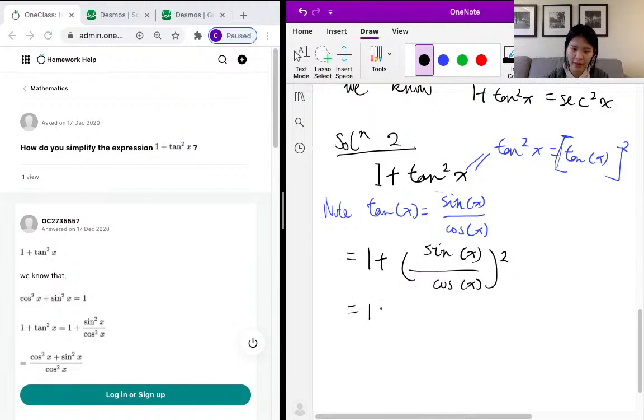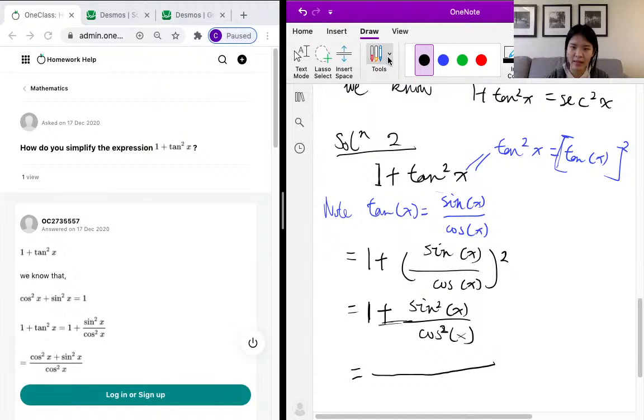Okay, so now let's just pull the square inside. So we have sine squared x over cos squared x, and now we have an integer plus a fraction. So usually our next step is trying to find the least common multiple between 1 and the denominator of this fraction, so you can add those two up.